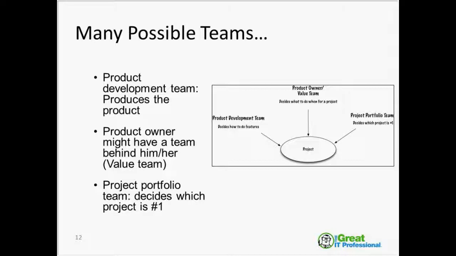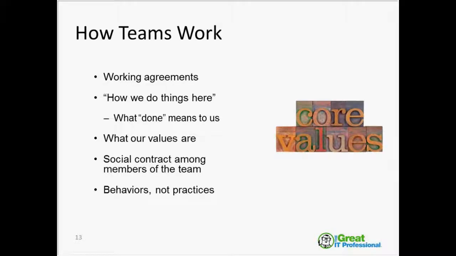So I find that when I think about Agile in this way, with the teams, with the product development teams and the product owner value team, I have more clarity of thought. So let's talk about how that Agile team might work. So there are things called working agreements, which is often how we do things here. How do we treat meetings?